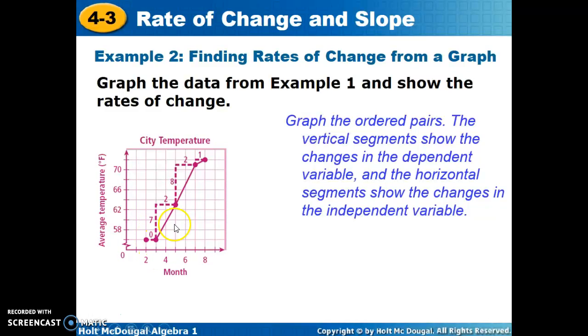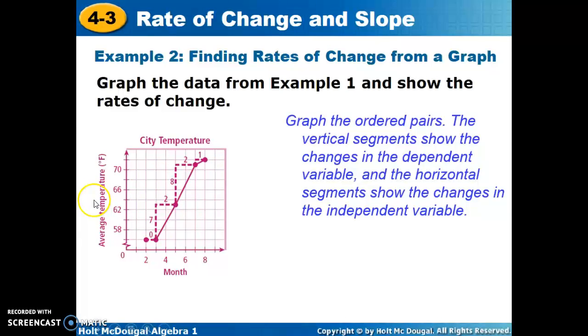Then we went from March to the 5th month, May. We go from month 3 to 5, we see a rise of 7 degrees over 2 months. In the next section, we see a rise of 8 degrees over 2 months, and then a rise of 1 per 1 month.